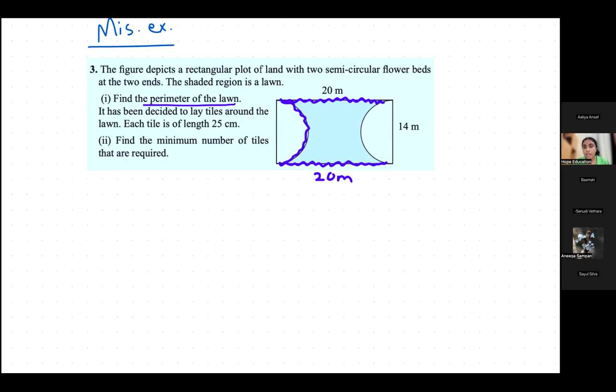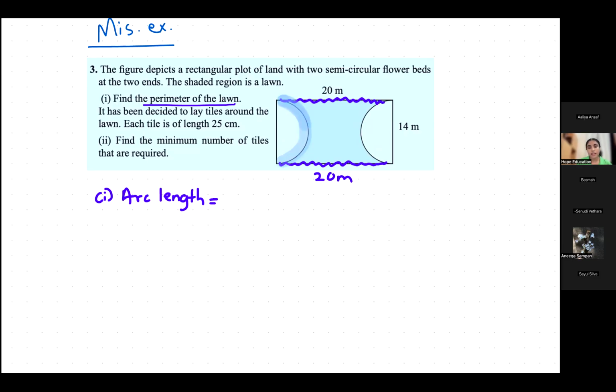These two are actually identical. The diameter is 14, so you know the radius is 7. So here there is a semicircle with radius 7, and here too there is a semicircle with radius 7. So I will find the arc length of this arc.